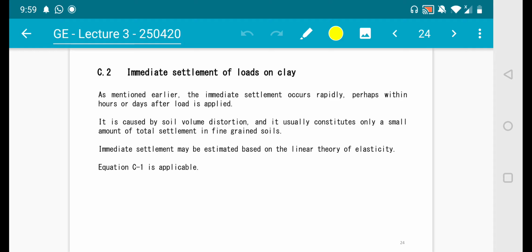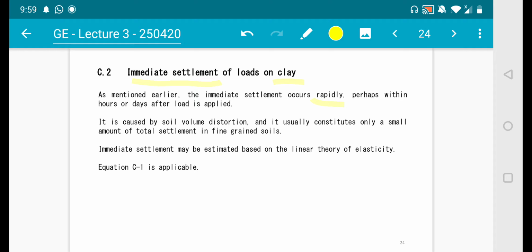Let's move on to subtopic C2, immediate settlement of loads on clay. Immediate settlement is very fast, and we concentrate on clay, very fine particles. As mentioned earlier, the immediate settlement occurs rapidly, perhaps within hours or days after load is applied.